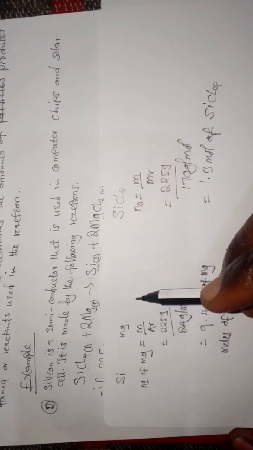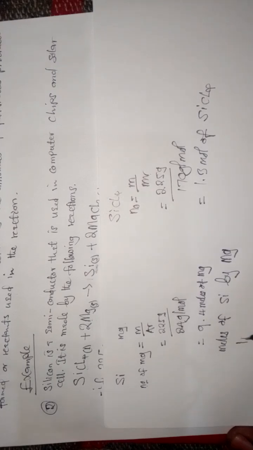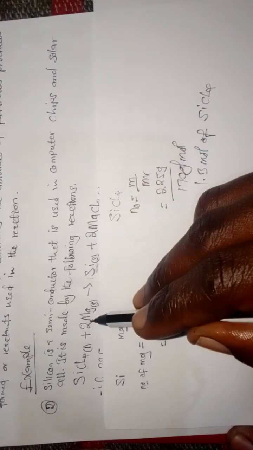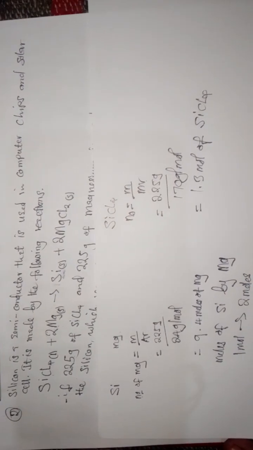On this equation, we have 1 mole of silicon, which is equal to how many moles of magnesium here? We have 2. We can say 2 moles there.